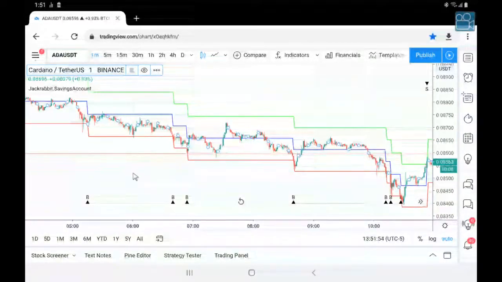Now this does show the one thing that I look for when I'm purchasing my coins. I don't want to go above 10 buy markers per a single sell. That is from the standpoint of my budget. I want to keep my budget at roughly $110 or $111 per every single sell.